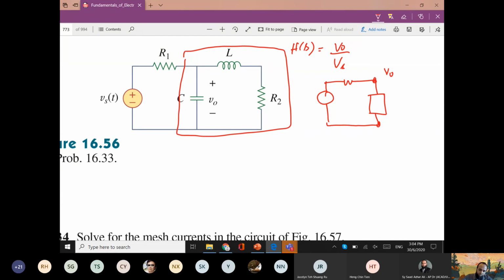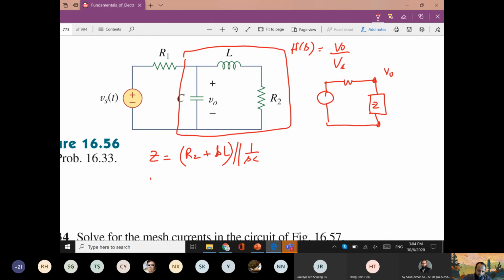So let's find this impedance as Z equal R2 plus sL parallel with 1 upon sC in this case.